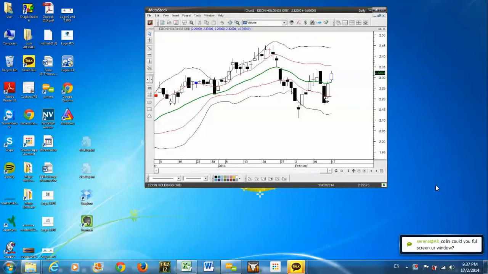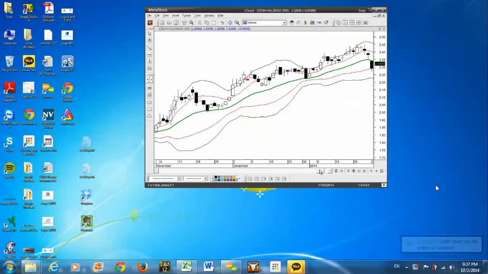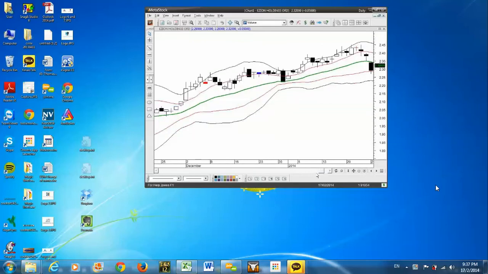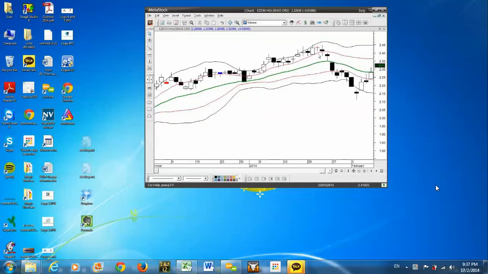Like your previous move over here, you will see a previous move over here. This is a pause in the market, and subsequently there's a move down.